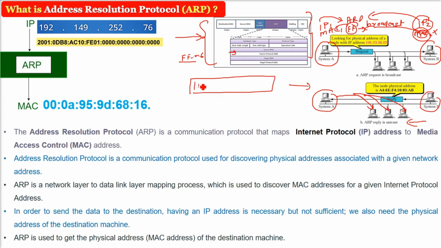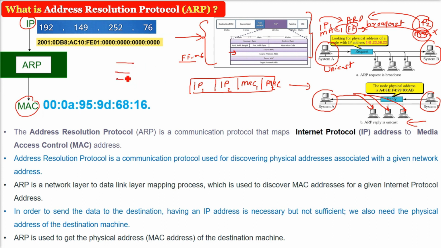Okay, so this is your IP, this is the other's IP, this is my MAC, this is your MAC. So this is the reply that will come. When it comes, it will be unicast, because the destination knows the source is asking for my MAC. So it will only send to the source. So this is how ARP works.